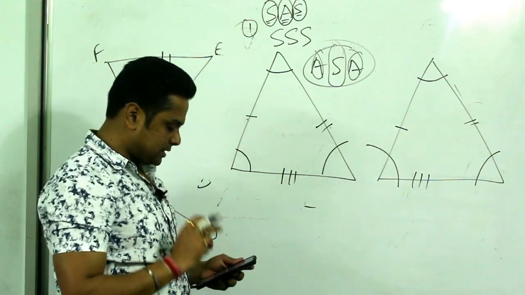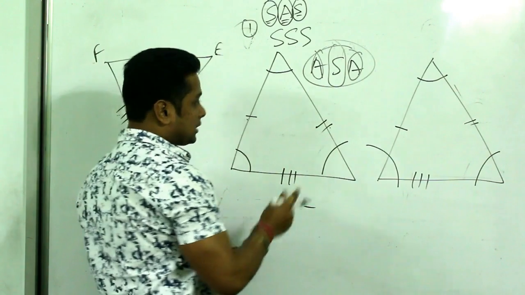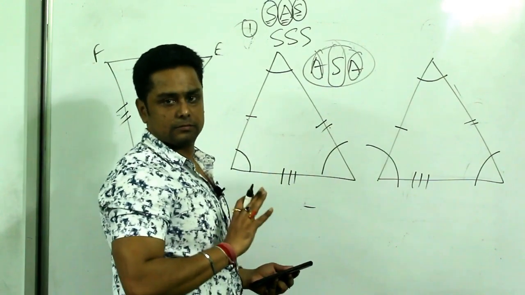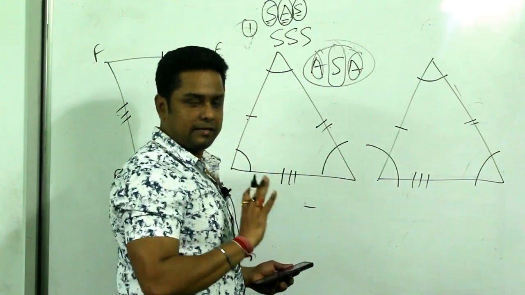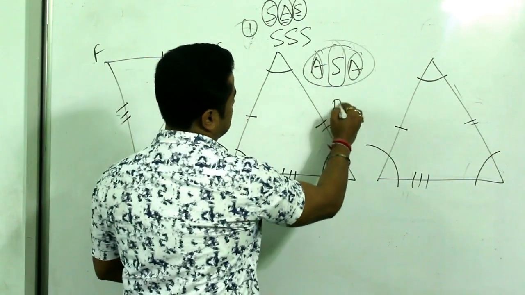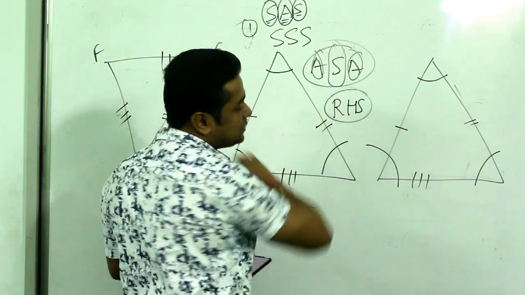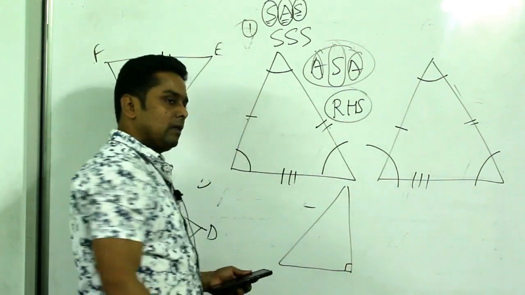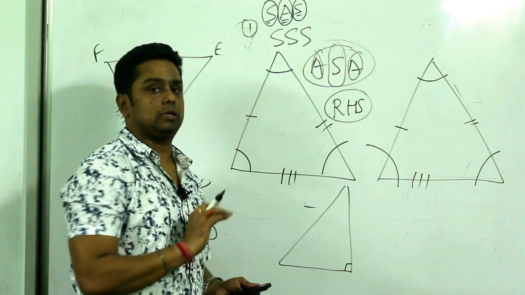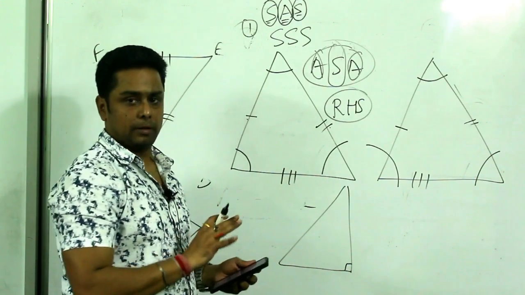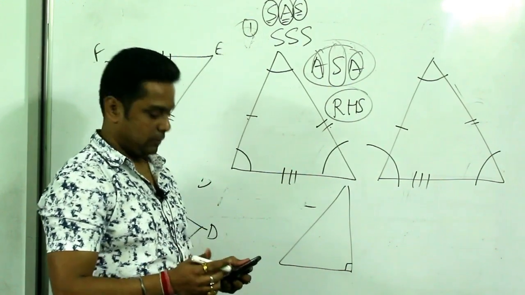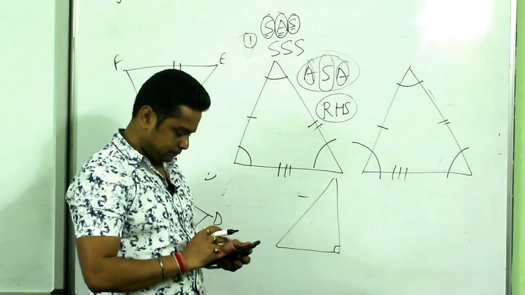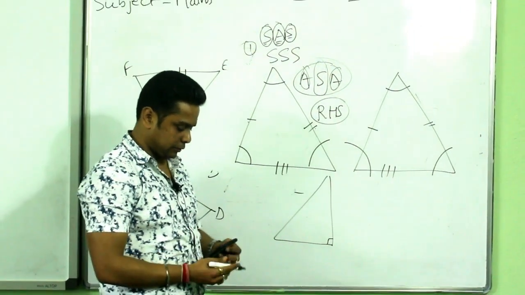One more congruency is there. These are all criterias, if I say in a particular language. RHS, this is basically used for right angle triangles. This I will not teach you now, I will teach you when we come across one theorem, otherwise you will jumble up. Okay, I am rubbing the board and I am coming to the theorem.